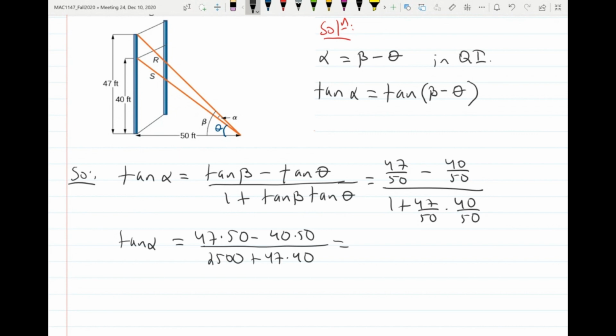So let's see, what is this? 47 times 50 is 2,350. Then we need to do minus 2,000, so that's 350 on top. And in the bottom, we have 47 times 40, and then plus 2,500.